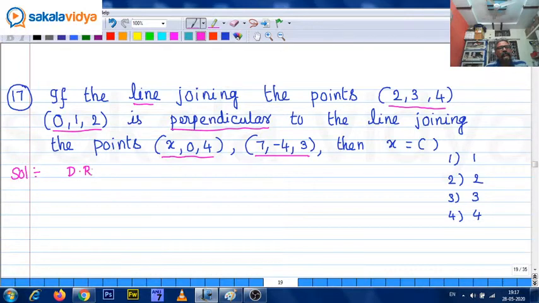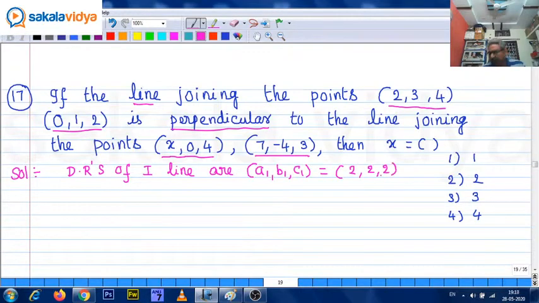Direction ratios of first line are A1, B1, C1 equals 2 minus 0 is 2, 3 minus 1 is 2, 4 minus 2 is 2.